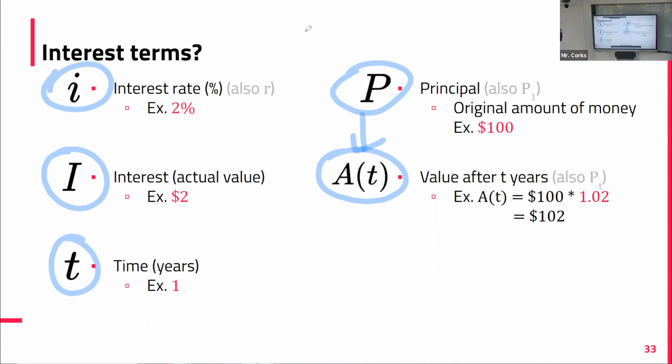We'll see two basic types, simple interest and compound interest. We'll look at the formulas next time, and we'll see how those are very connected to these arithmetic and geometric sequences and series. Okay, so some terms, some labels here. We'll be using all of these in the next class.